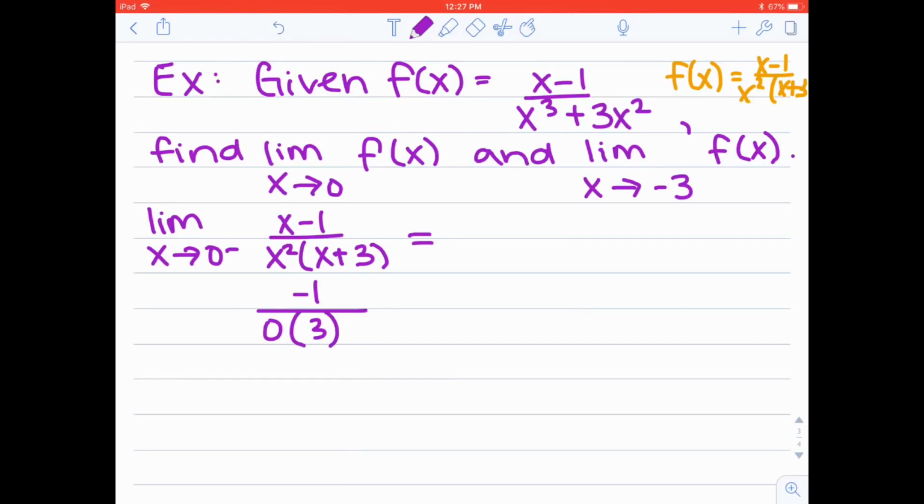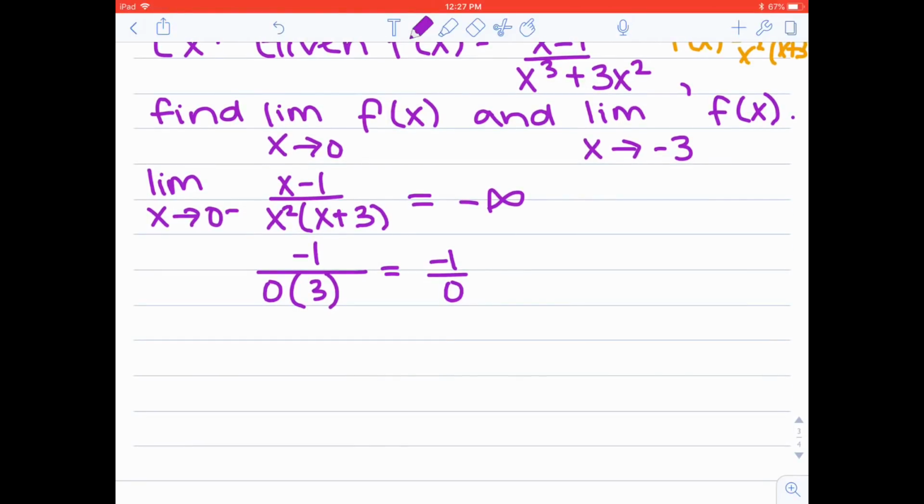So what we have here is we have negative 1 divided by 0. And if you guys remember at the beginning of the notes, I said that a number divided by 0 is infinity, but we have a negative 1 being divided by 0, so that's actually a negative infinity. Right? And again, we know that that does not exist, unbounded. We're not going to write that yet because this is not our final answer.